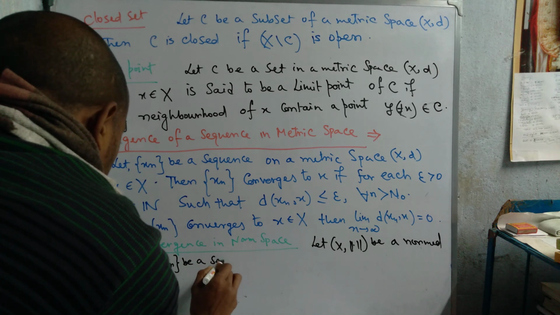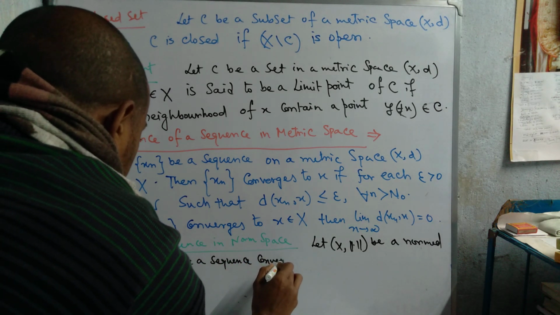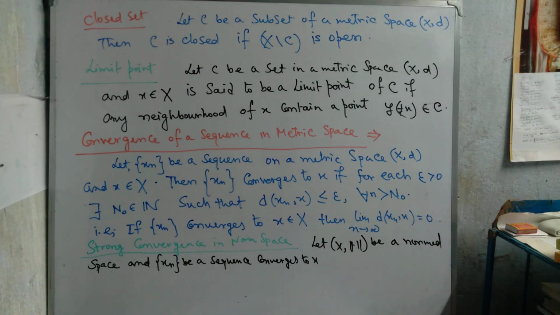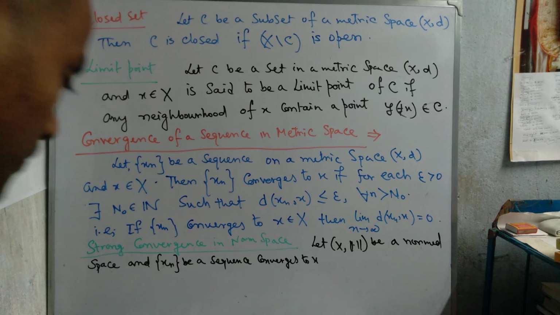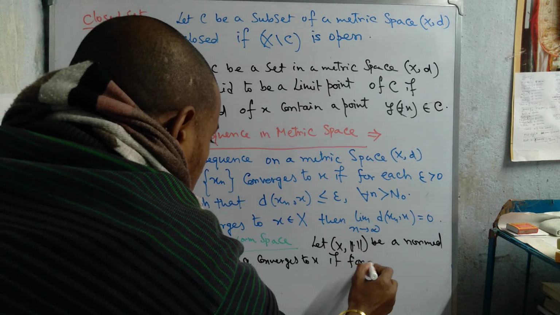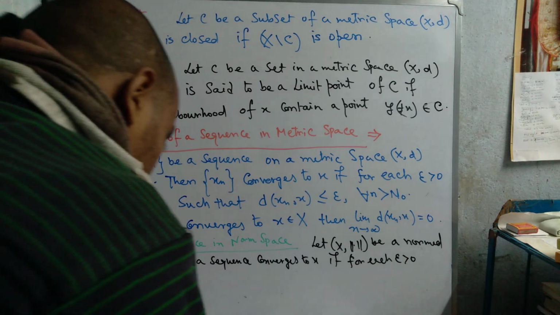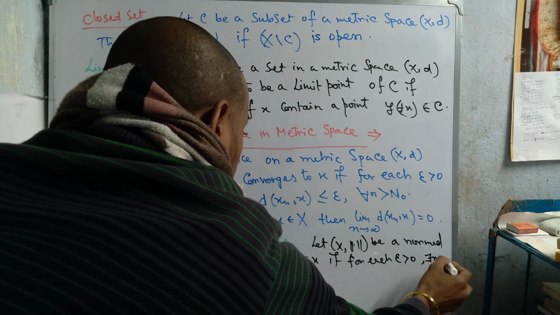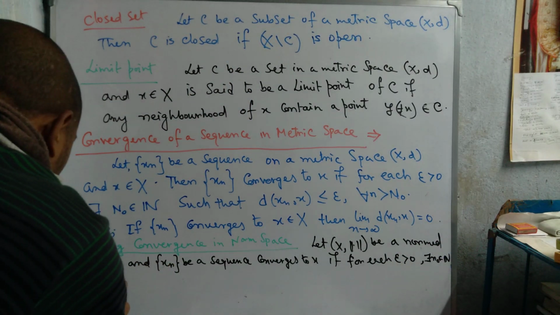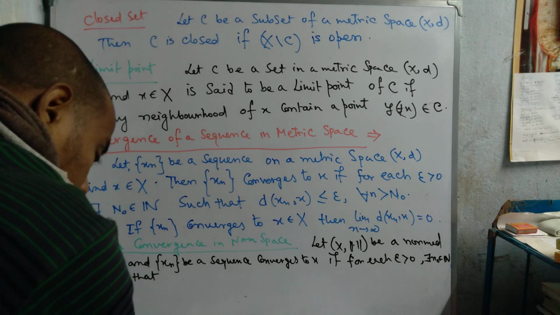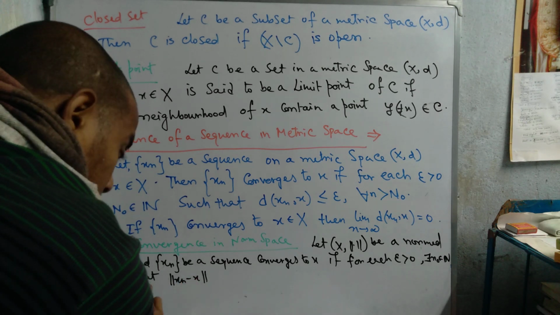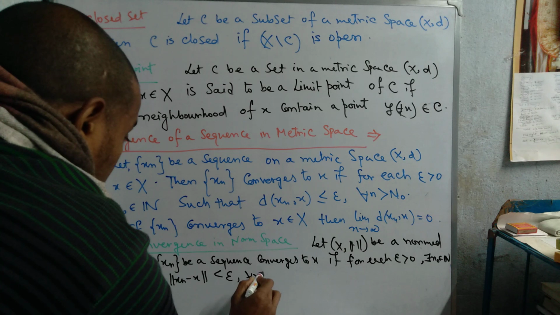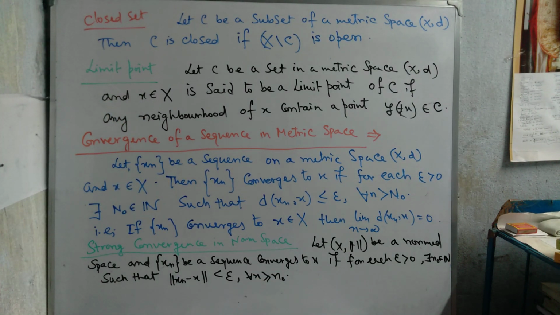Then if for each epsilon greater than 0, there exists n0 belonging to the natural numbers such that the norm of xn minus x is less than epsilon for all n greater than or equal to n0, we say xn converges strongly to x.